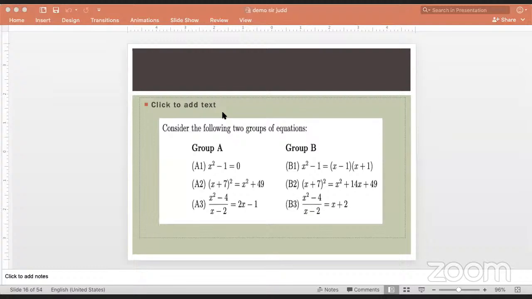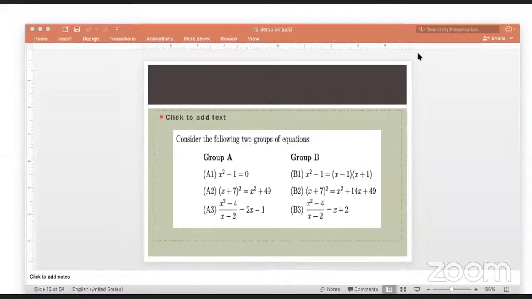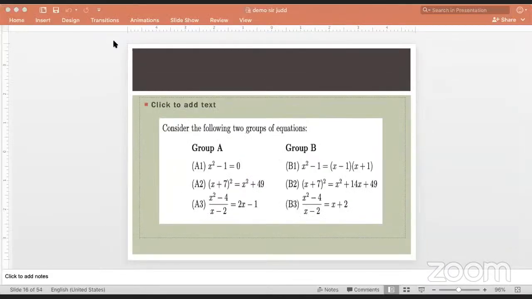Sir, sa napansin ko po, yung sa group A po, yung expression po sa left side ay hindi po equal dun sa mga expressions po sa right side. For example po, sa first example sa group A, x squared minus 1 ay hindi po equal sa 0. Kumbaga po, kung magka-plug in po tayo ng value po dun sa variable sa left side po, yung result po ay hindi po magiging equivalent dun sa value po ng right side.